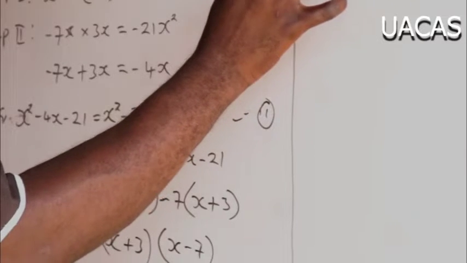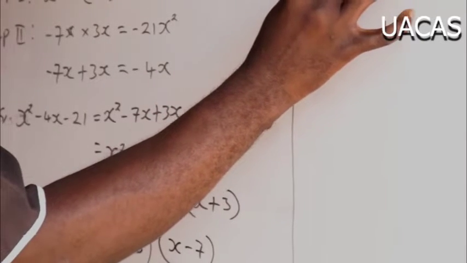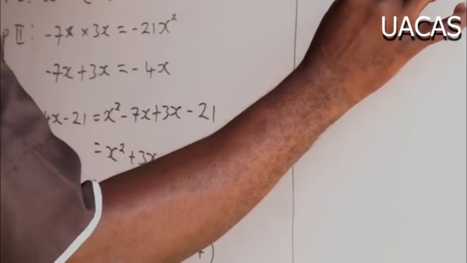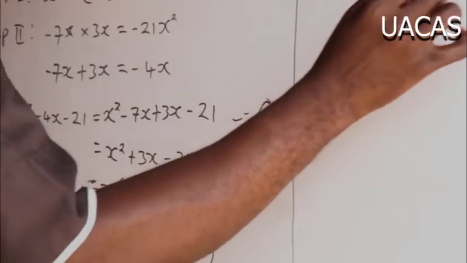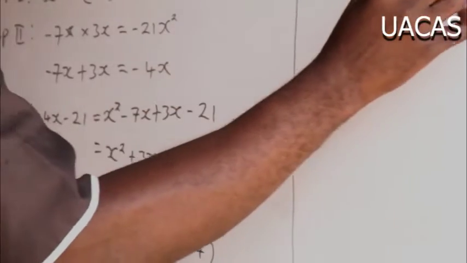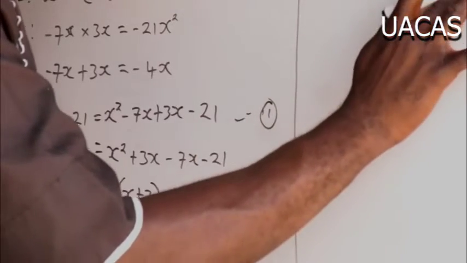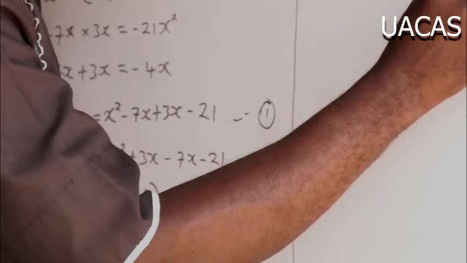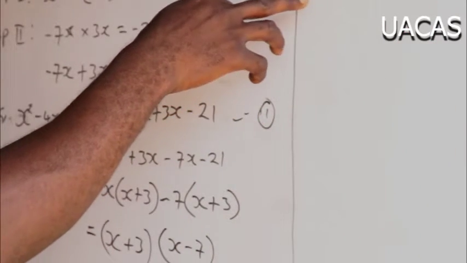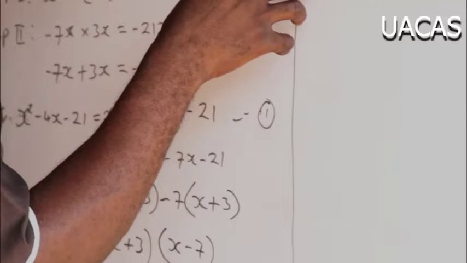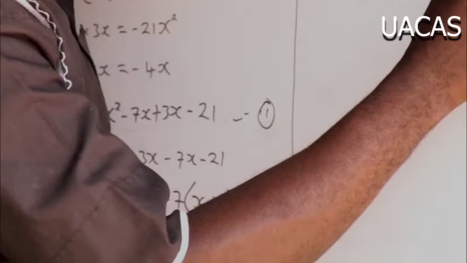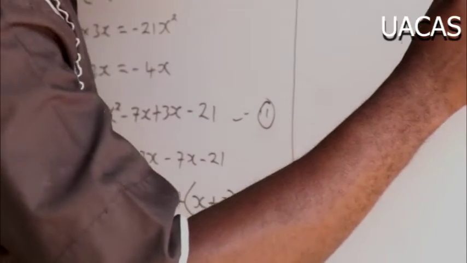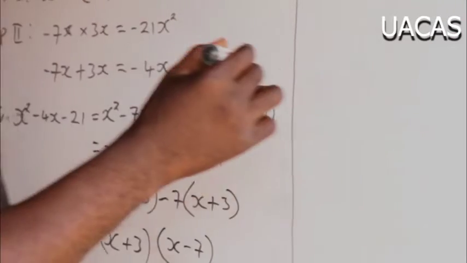x plus 3 times x minus 7 is equal to: we have x squared, x times x; x times minus 7 is minus 7x; 3 times x is 3x; 3 times minus 7 is minus 21.